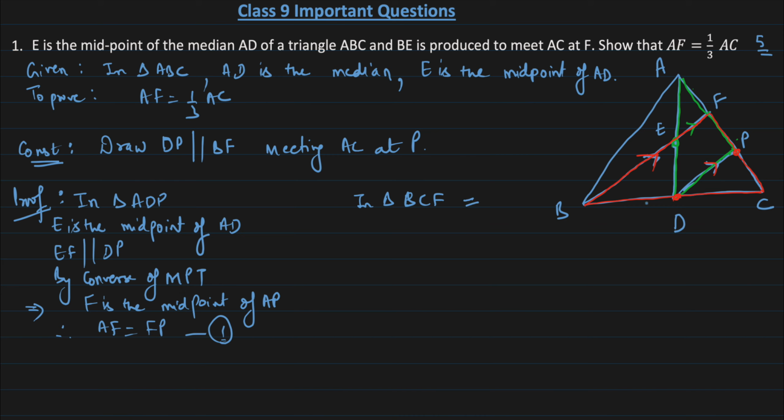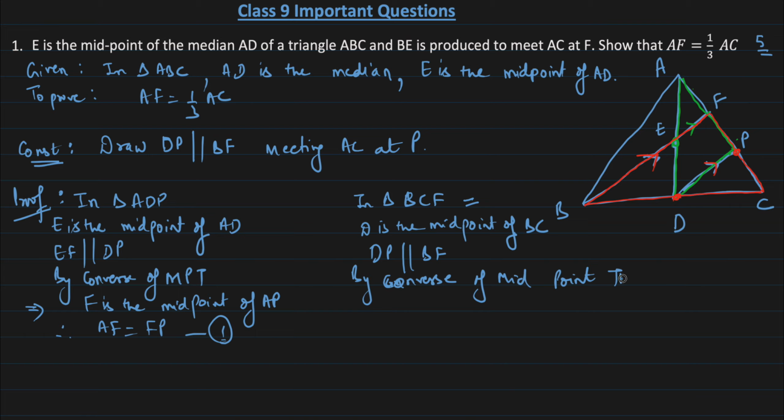Now I'll use triangle BCF here. What can I say now? D is the midpoint of BC, and DP is parallel to BF. So again by converse of midpoint theorem. Students, in some schools, the teacher will allow you to write MPT.